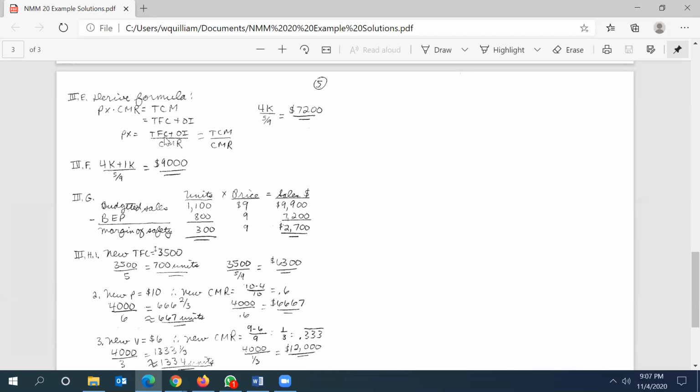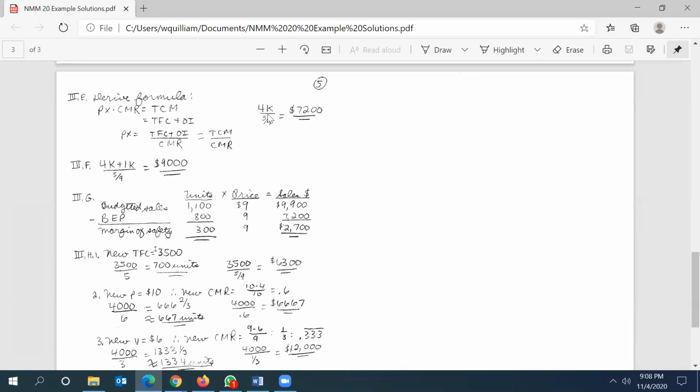On the right-hand side, I have total fixed plus operating income divided by contribution margin ratio. I'm really saying that this numerator is total contribution margin. And if I divide total contribution margin by the contribution margin ratio, I do get sales revenue. So the formula makes sense. Again, you don't have to derive it, but it's nice to be able to do so.